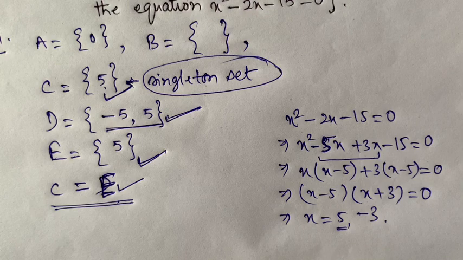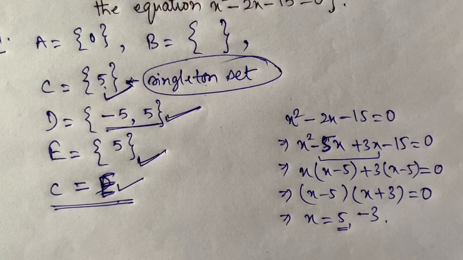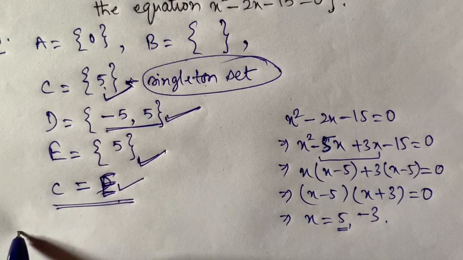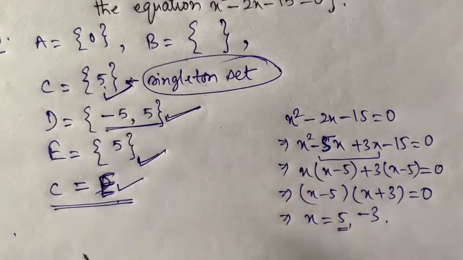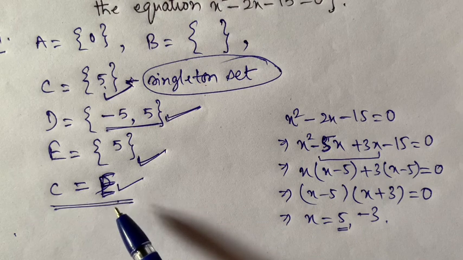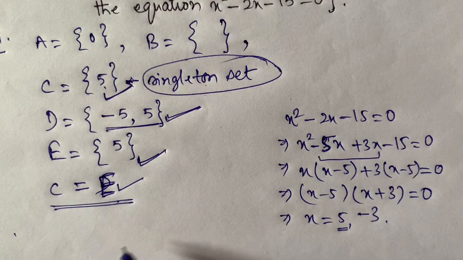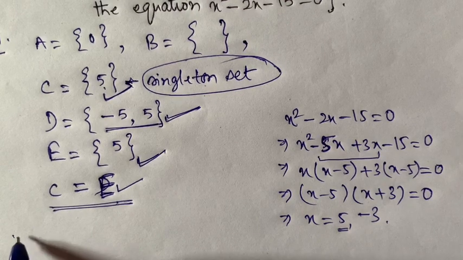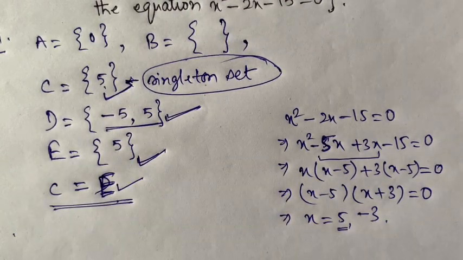Now find the pairs of equal sets, if any. So we have each element of C belonging to E, therefore C and E are equal. And this is the justification also, as they have only one element and they have the same elements.